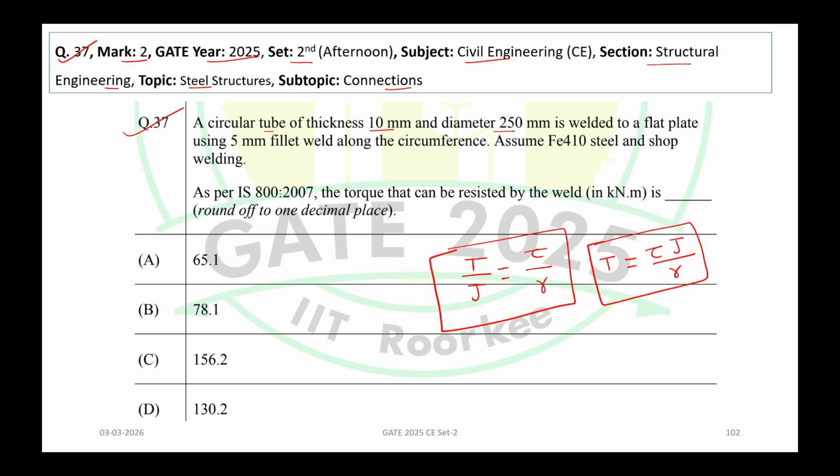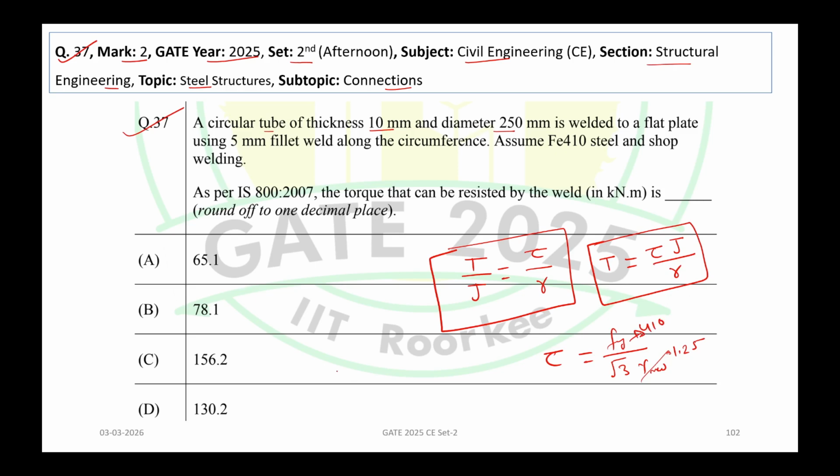As per IS 800 2007, tau is equal to Fy divided by root 3 gamma mw, where gamma mw is 1.25. Fy in the question is 410, so tau is given already.